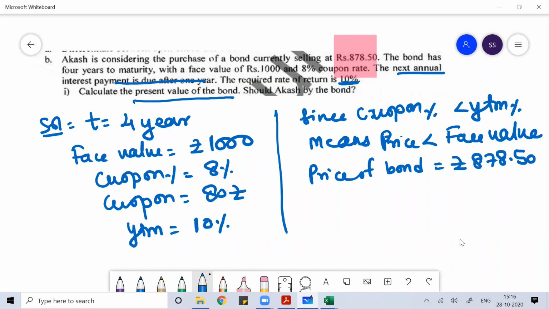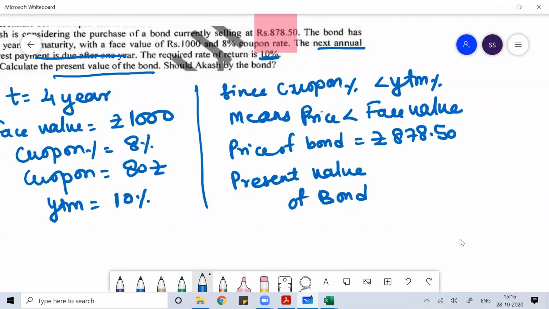Okay, and they're asking us to calculate the present value of the bond. So logically, the present value of the bond should be equal to the price of the bond, because that is the value you are getting from it. But in reality, in the market, because of demand and supply and expectations about the future, the price may or may not be equal to the present value.